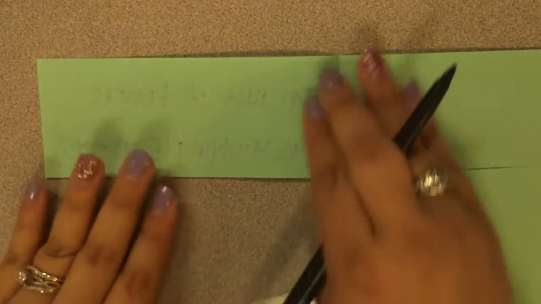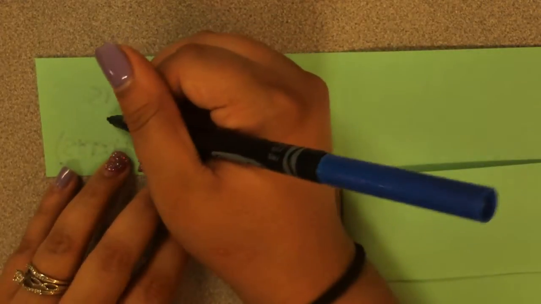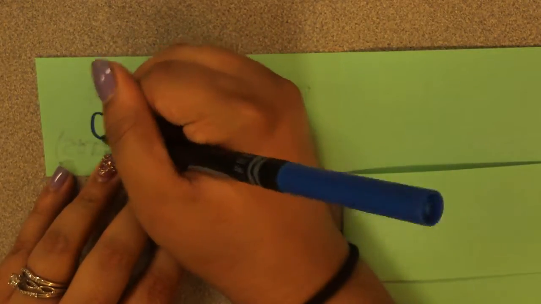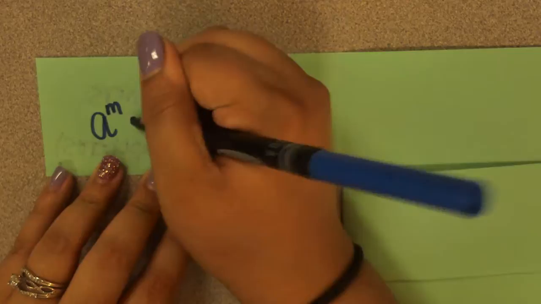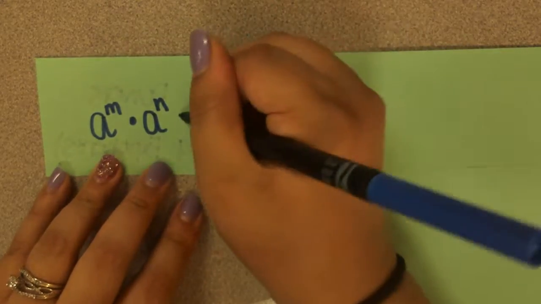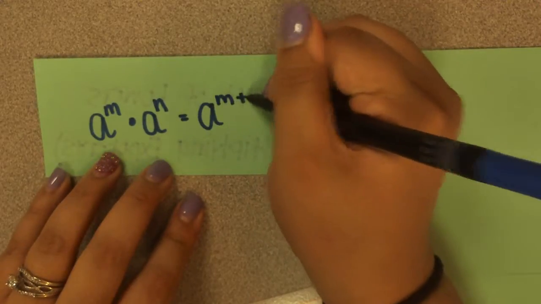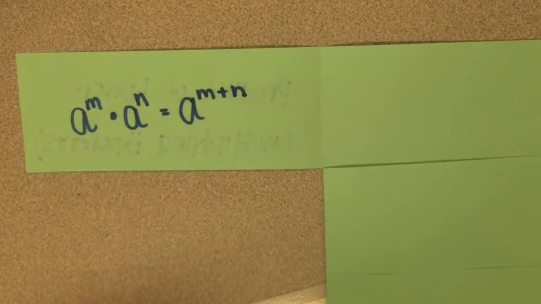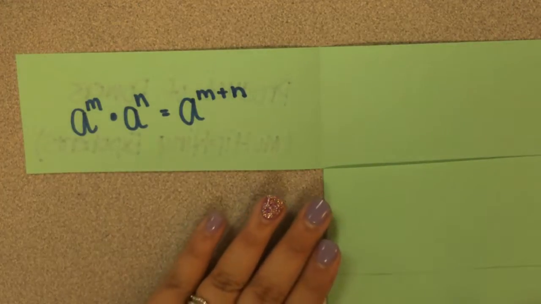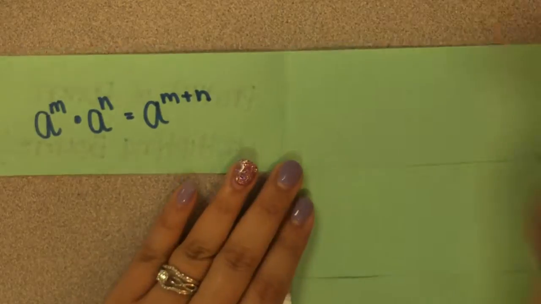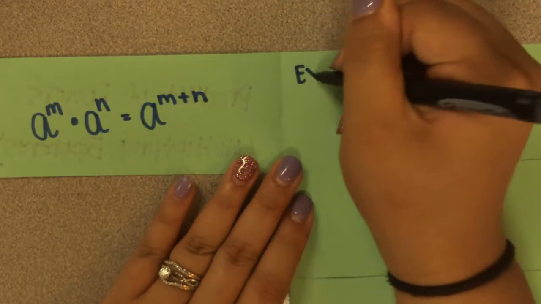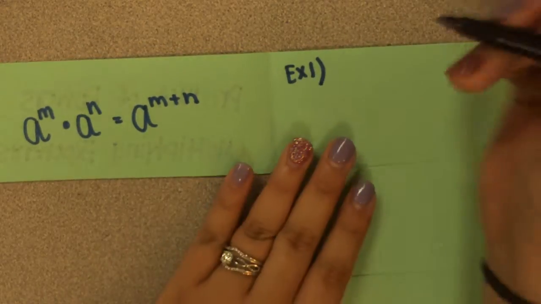So the rule on your formula chart for product of powers is a to the m times a to the n. And when you're multiplying exponents, what do you really do? You add m plus n. So we're going to do 2 to 3 examples for each section. So here's example 1.